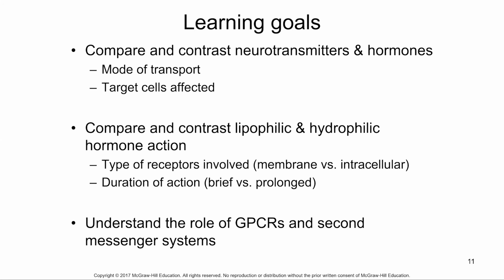And we took a look at some differences and similarities between lipophilic and hydrophilic hormones, including the way that they travel through the circulatory system, the types of receptors involved, whether they're membrane-bound or intracellular, and also the duration of action that's typically seen in those two different types of hormones. And then we also took a look at some of the moving parts in G protein-coupled receptors and second messenger systems.